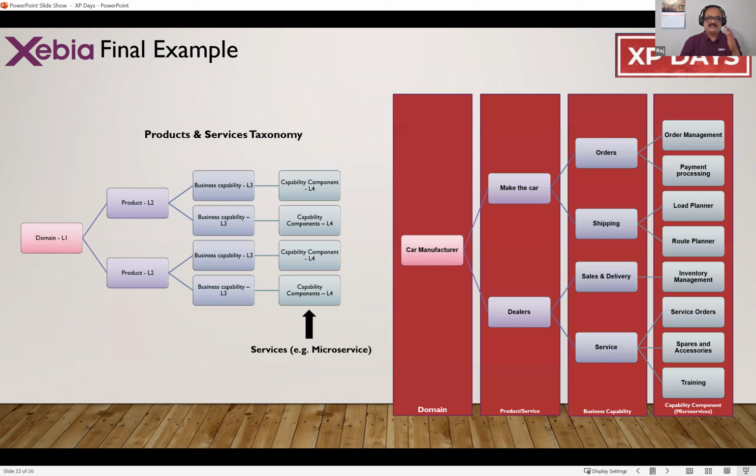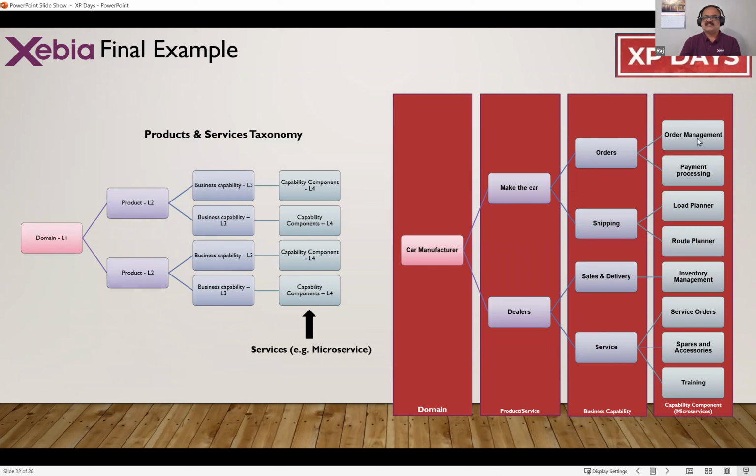If you look at this from a bird's eye view, the manufacturer is one domain. They're making the car and serving the dealers with production services. Then you have events like orders, shipping, sales and delivery, service. These are all capabilities.